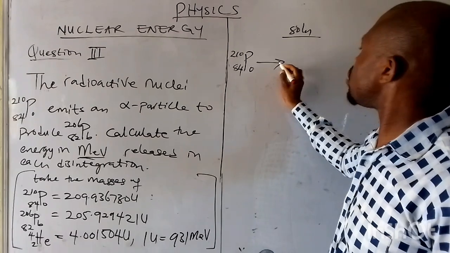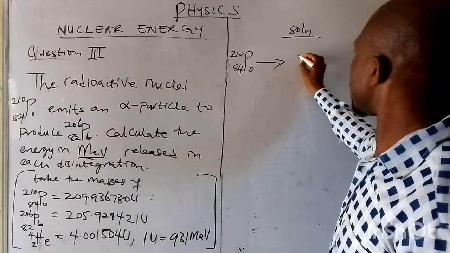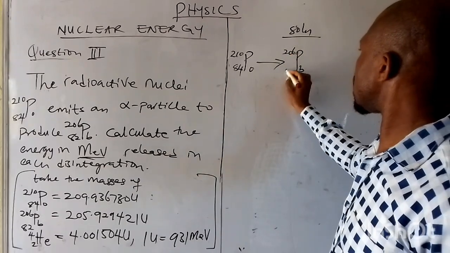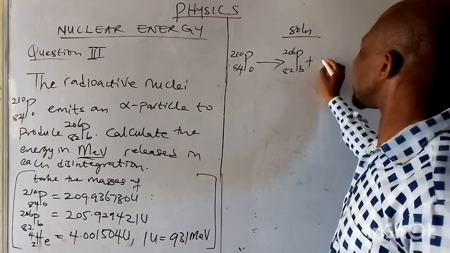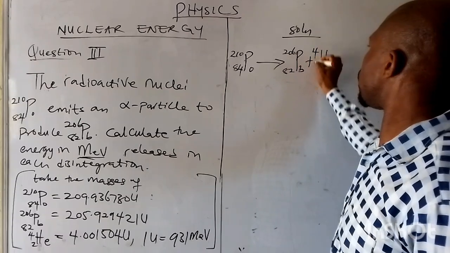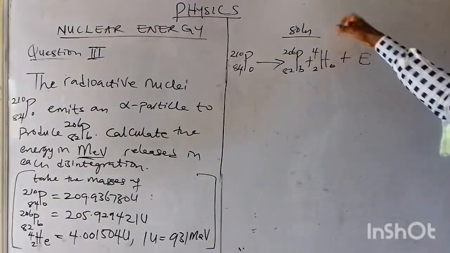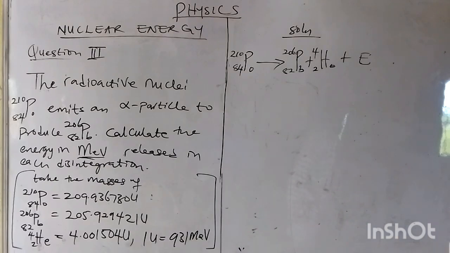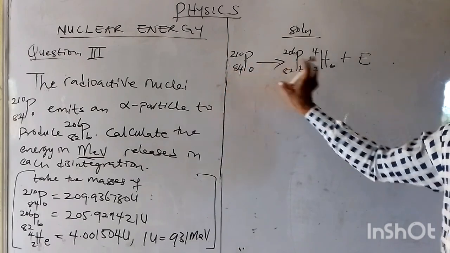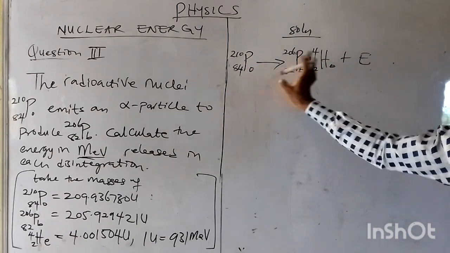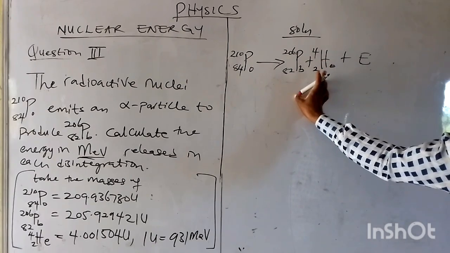It was not bombarded. So we have lead 206, 82 plus alpha particle 4, 2, and then that of energy. This is the equation given to us. In other words, this is the reactant, just a single element reactant. The product is these two.